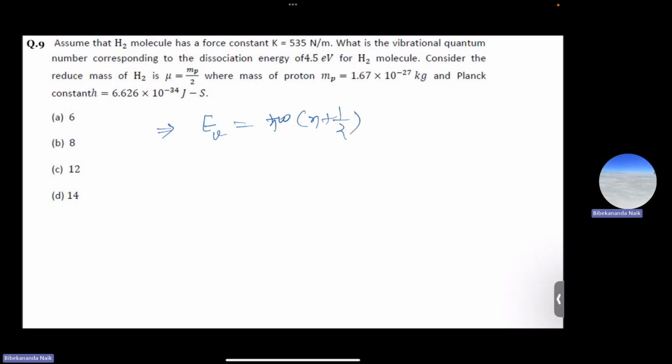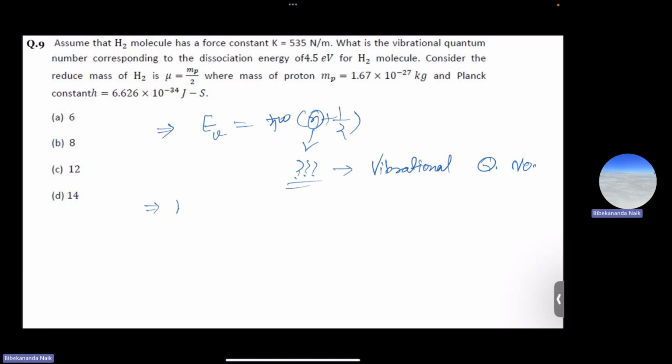And this value of n, the vibrational quantum number, we need to calculate. Now, this value is equal to 4.5 electron volt.